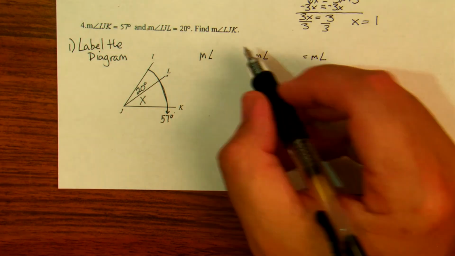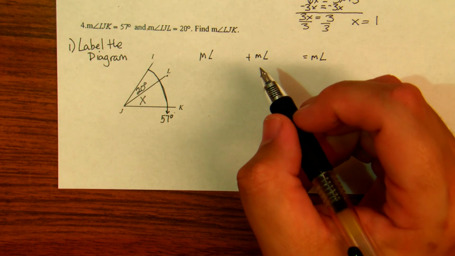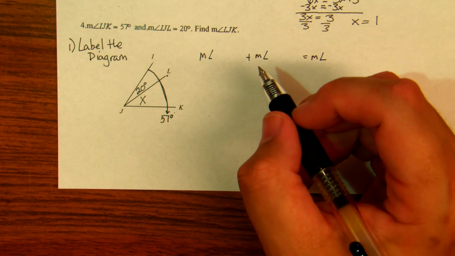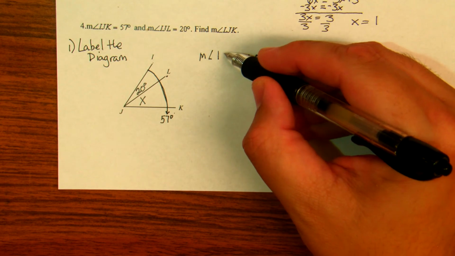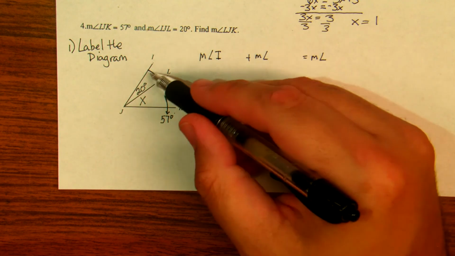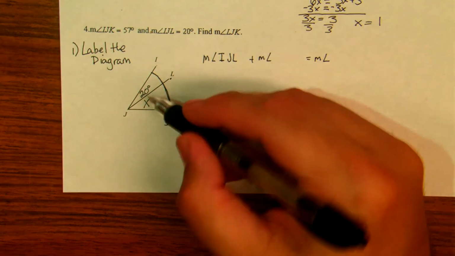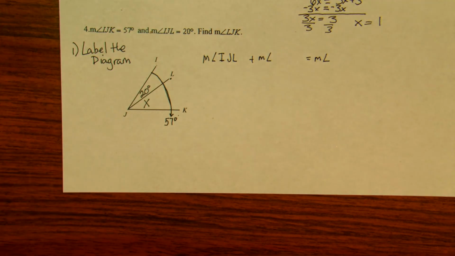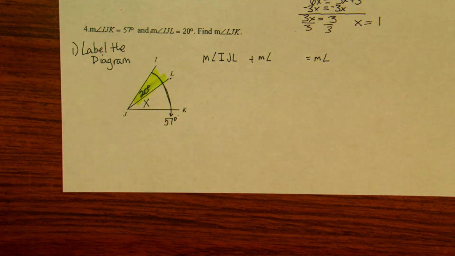No, we're just going with the names of the angles first for the angle addition postulate. So the first angle here would be angle IJL, because that would be this angle right here. Now we got to go for a second angle. What's the second angle? LJK.